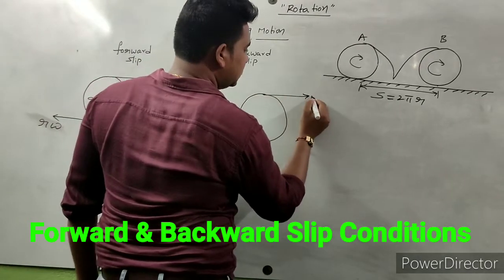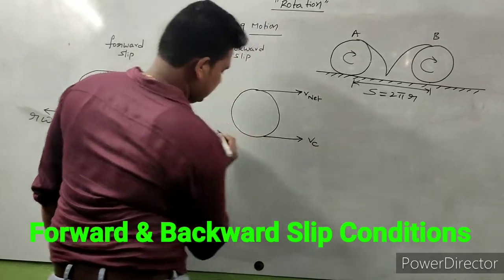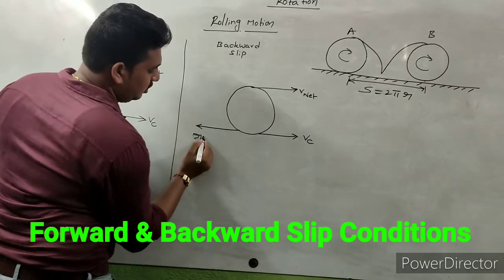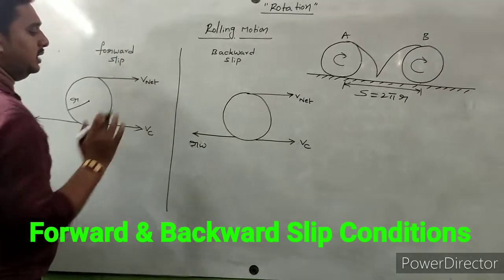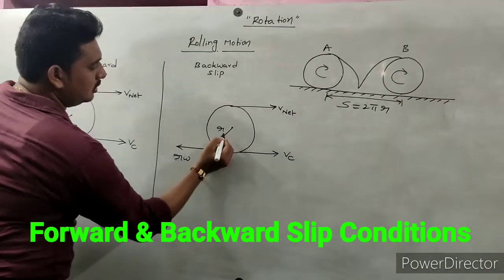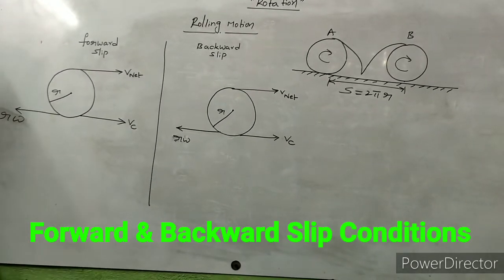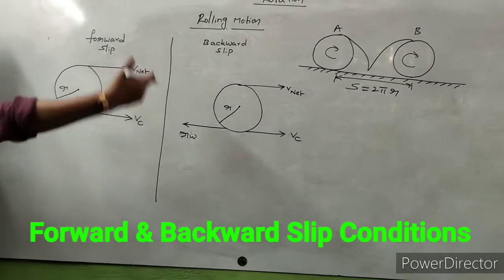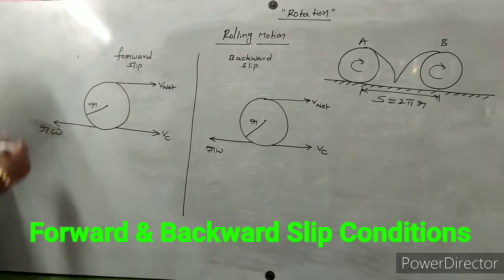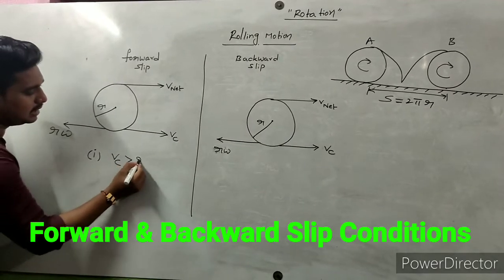So this is V net, this is VC, and here is r omega, a similar diagram, with the radius again r. But observe carefully: when forward slip takes place, forward velocity is greater than backward velocity. Then only forward slip takes place. So the first condition is VC is greater than r omega.